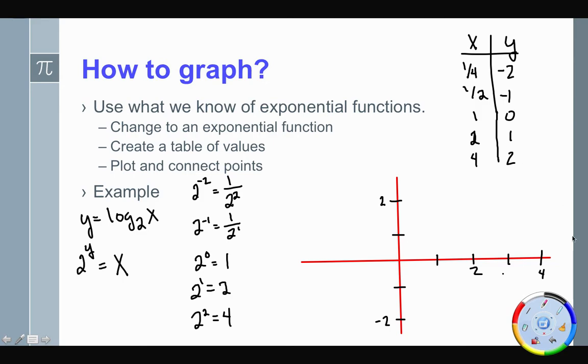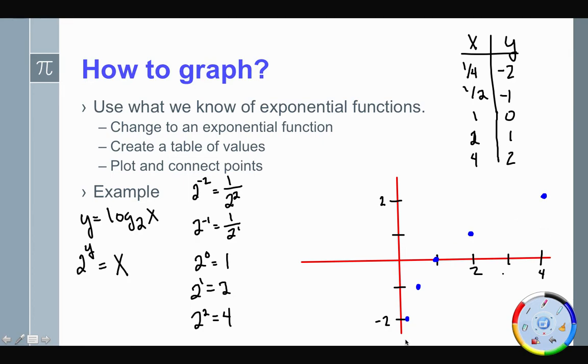All right, so we can plot and connect our points. So our first point is at x is 1/4, y is -2. So right about there. When x is 1/2, y is -1. When x is 1, y is 0. When x is 2, y is 1. When x is 4, y is 2.